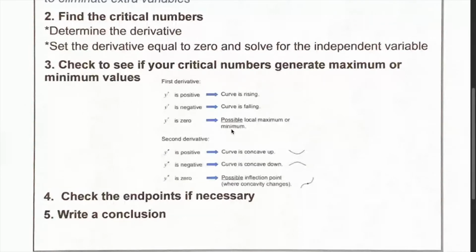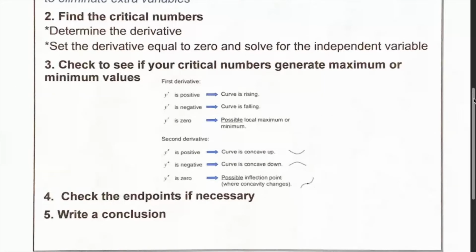So if we know a critical number, we can see if it's a maximum or minimum by choosing values just to the left and to the right of it, putting them into the derivative, seeing if they're increasing or decreasing, and then using that to tell whether the critical number is at a maximum or a minimum.